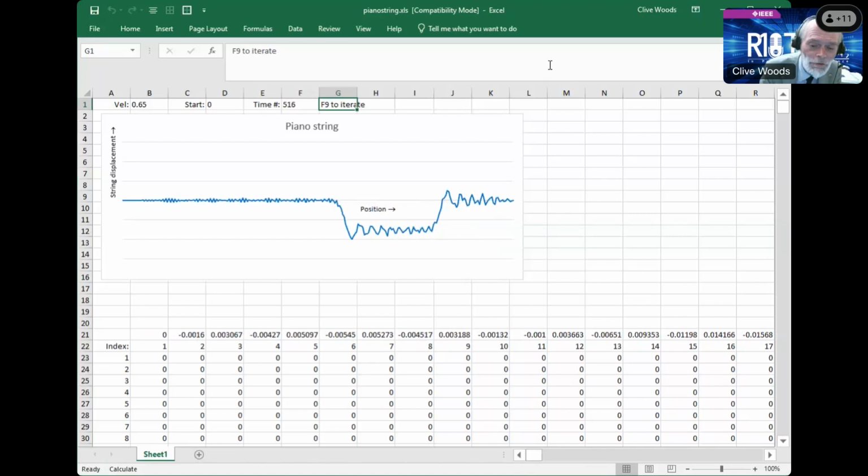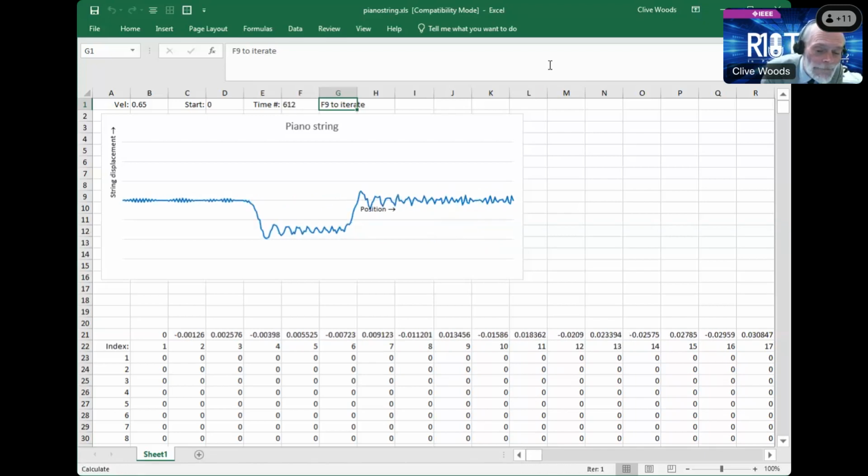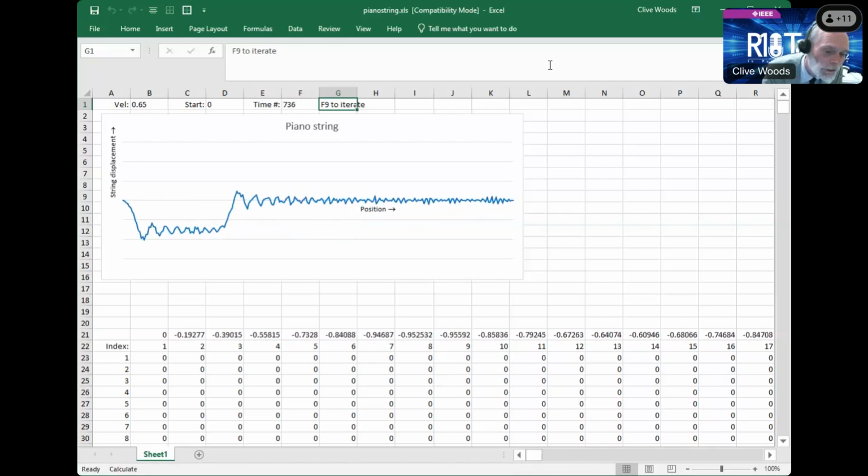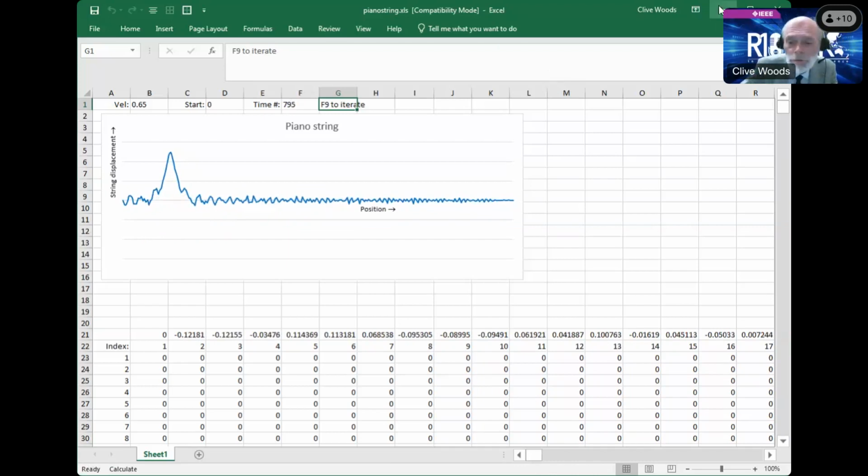So again we have this sort of flat-topped disturbance. It's now traveling back, but it's negative now, and it will hit the front end eventually, and then of course when it hits the front end it will be reflected in antiphase, and if we just hit this at the right time we find that the original disturbance is recreated, and then of course it just carries on infinitely.